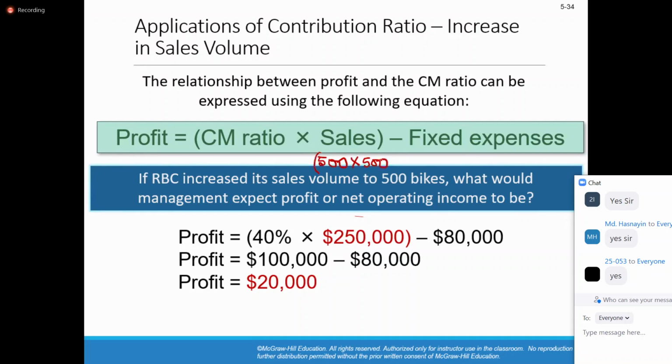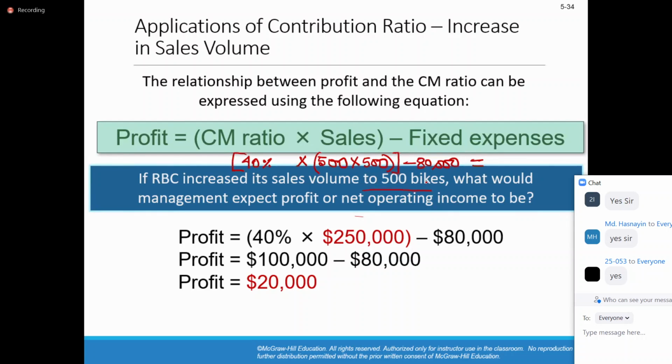So this should be our sales volume. And we know that our contribution margin ratio is 40%. So from here, we get the contribution margin. And if we subtract the fixed expenses, we get the total profit in this scenario.